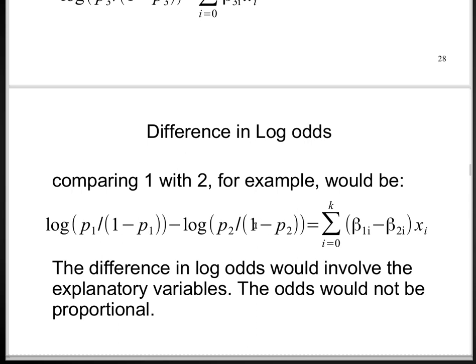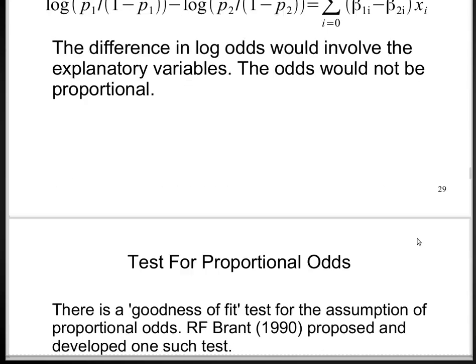So this difference between the logarithms is not proportional. If we were to take the exponent of this side and this side, we would see that the ratio of the two odds is not constant. There is no constant of proportionality here, but in fact it involves the regression coefficients and the explanatory variables.